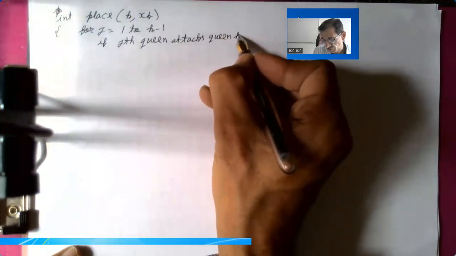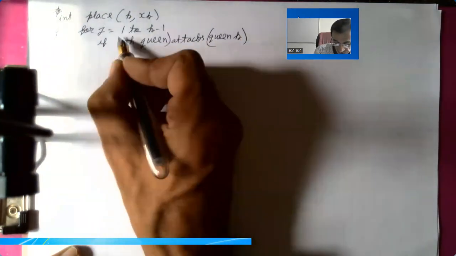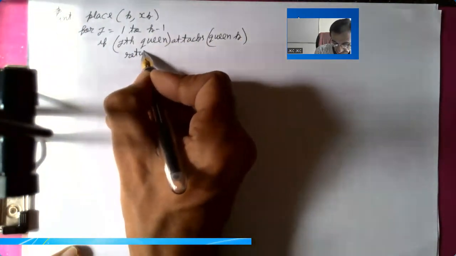This means the solution is not acceptable. Obviously, I will return false.